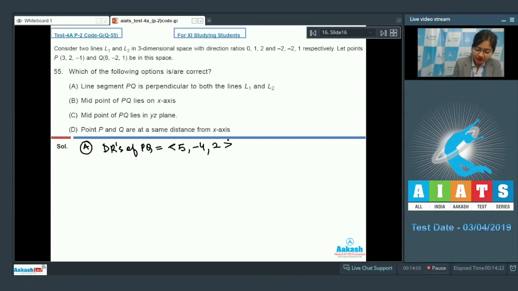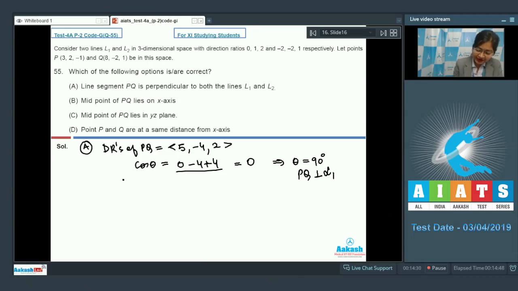So these are the direction ratios of PQ. To find the angle between PQ and L1, let us find cos theta equal to 5 into 0, -4 into 1, plus 2 into 2, right? So here it is already equal to 0. So that means that theta is equal to 90 degrees. That is, PQ is perpendicular to line L1.